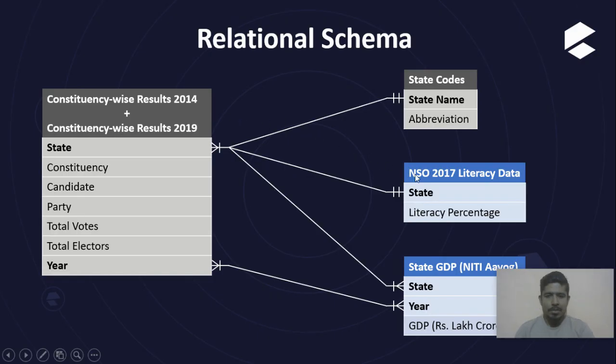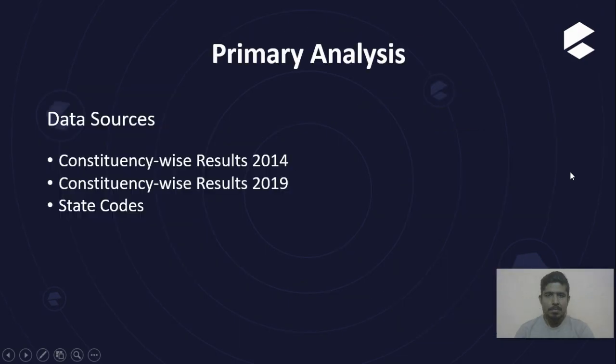Then this unified table is connected to NSO 2017 literacy data with common column state using many to one relationship. Then at last, this unified table is connected to state GDP data using two common columns, state and year, using many to many relationship as shown in this relational schema.